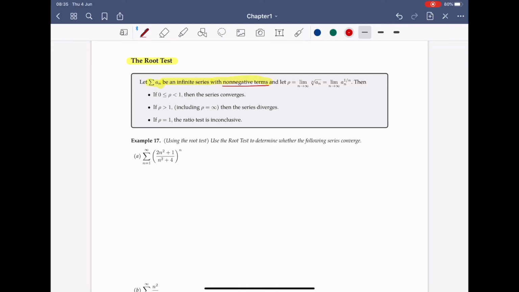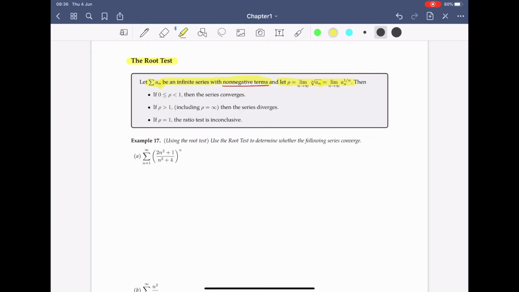And then after that, you need to compute your rho, which is equal to the limit of the nth root of a_n, or in other words, the limit of a_n raised to the 1 over n power.